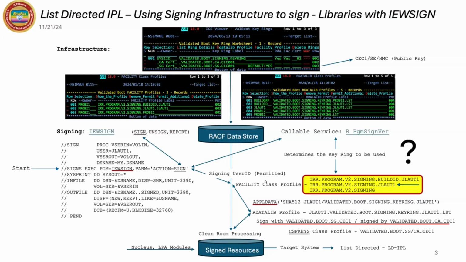Now, there are several different ways in which that facility class profile can be constructed. But if there is one and it can be found, then that profile in turn will be interrogated to extract the key ring that contains the certificate that will be used in the signing process itself. This is not for the faint of heart.